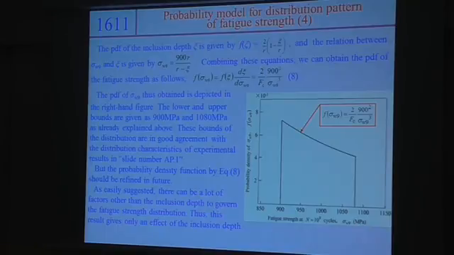This bound distribution is in good agreement with the distribution characteristic of the experimental result in slide number appendix 1. But the probability density function by equation 8 should be refined in future. As easily suggested, there can be a lot of factors other than the inclusion depth that govern the fatigue strength distribution. Thus, this result gives only an effect of the inclusion depth.